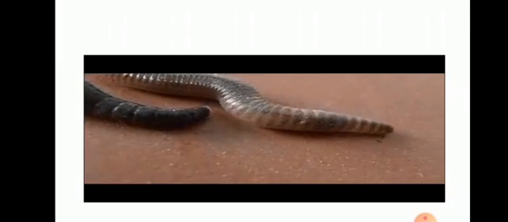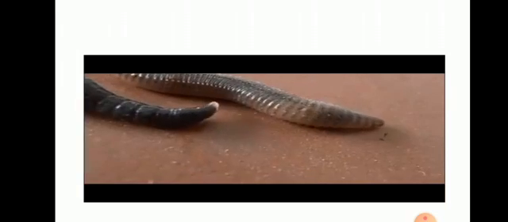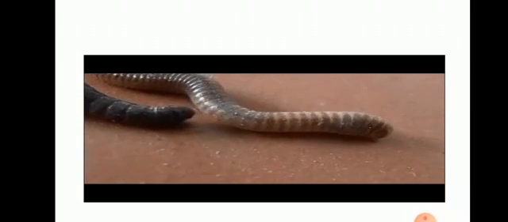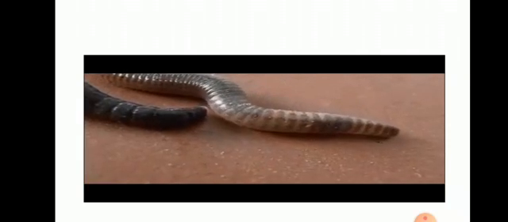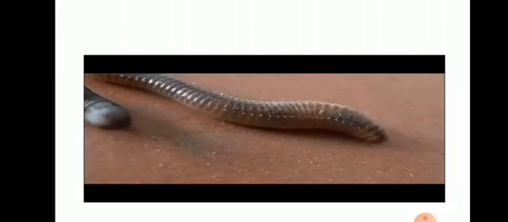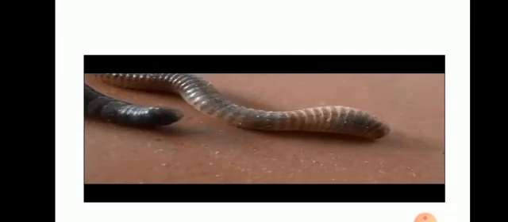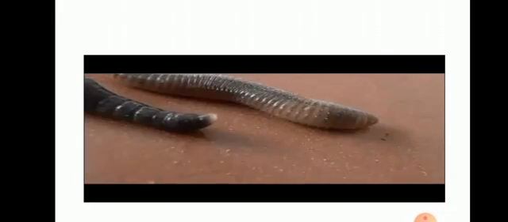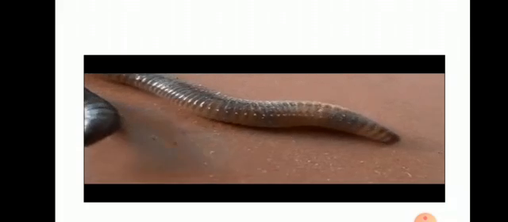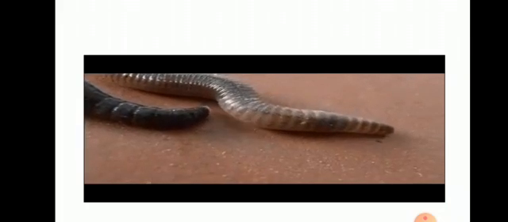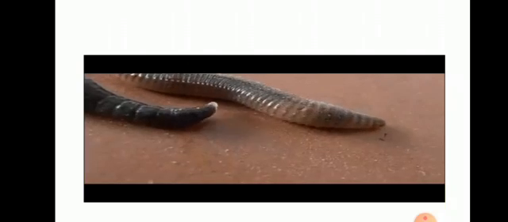The earthworm's body is made up of many rings joined end to end, and muscles attached to these rings help to extend and shorten the body. A slimy substance is secreted by its body to help its movement.